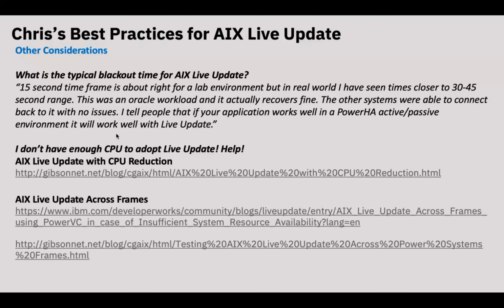So we do have a couple of options, and I'll talk about more later, but the two primary ones that can help people get over that adoption hurdle. First, you can run live update with a CPU reduction option. What that does is reduce the entitled capacity of the surrogate partition during the live update process, all the way down to almost the minimum.